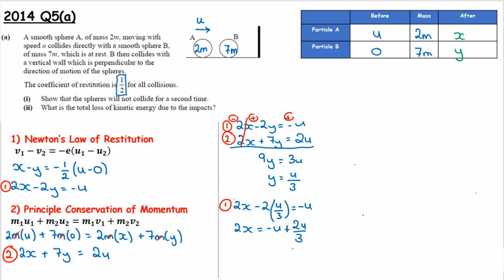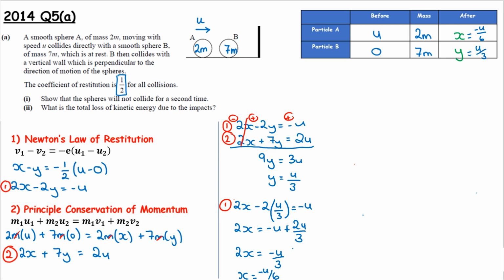Or you can do lowest common denominator, which will put that as minus 3u over 3. Either way, you'll end up with minus u over 3. So then x, final line, is equal to minus u over 6. So let's put that in. So minus u over 6, and that is u over 3.